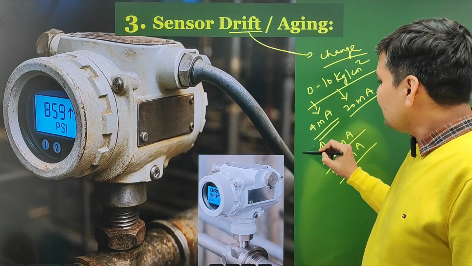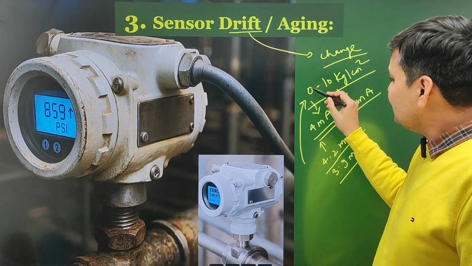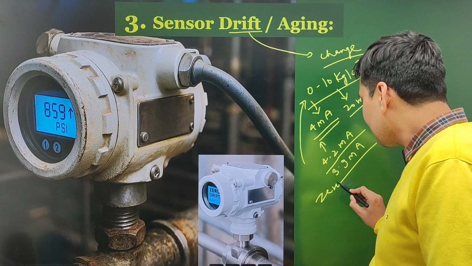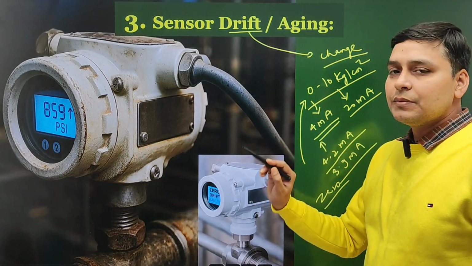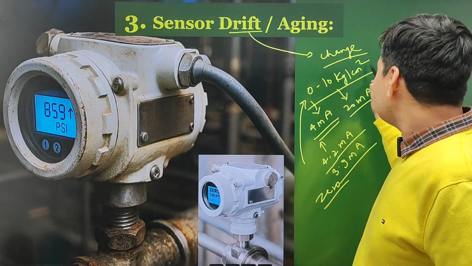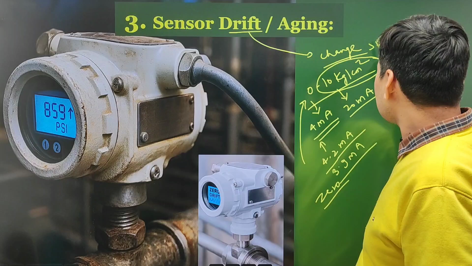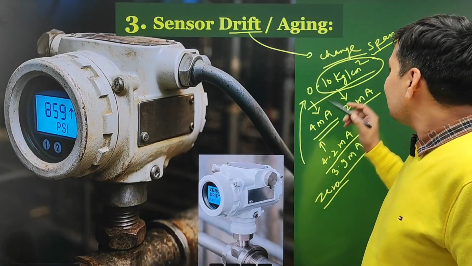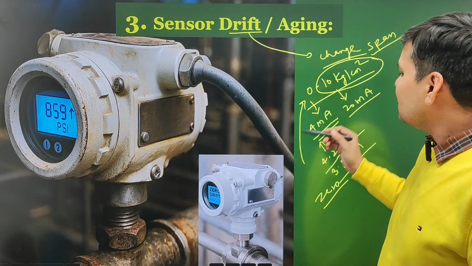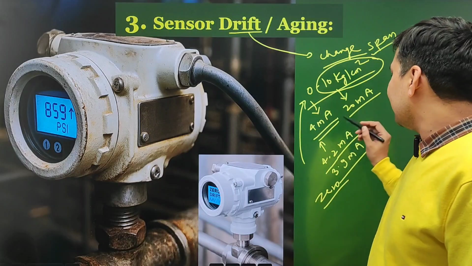Because this change is at the 0 side, this is known as zero drift, and this side is known as the span side. If the changes occur at the span side, this error will be known as span drift.